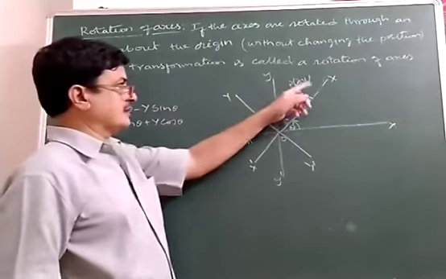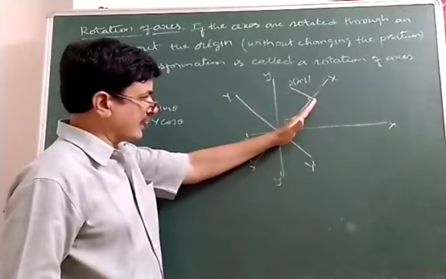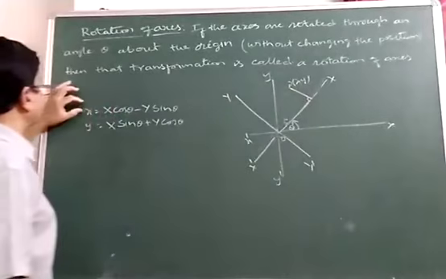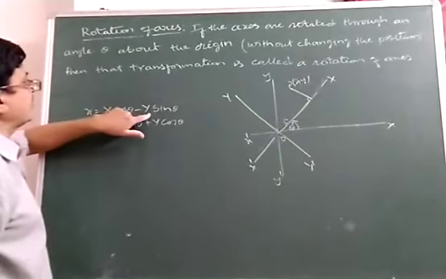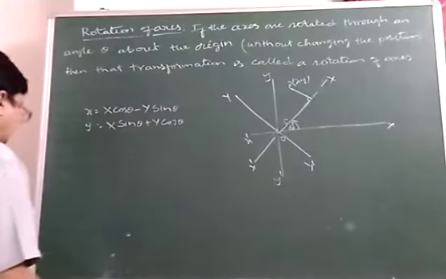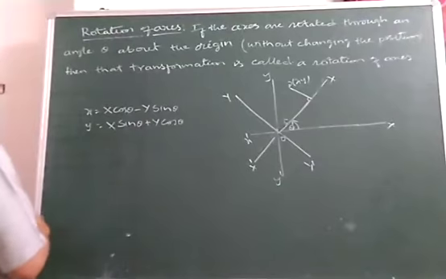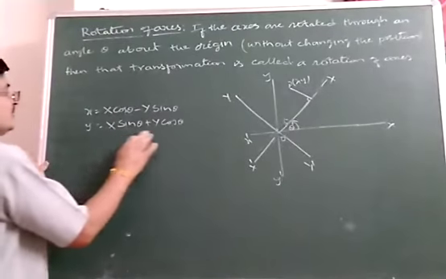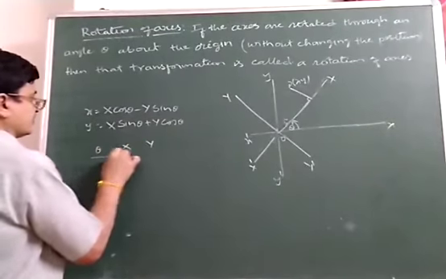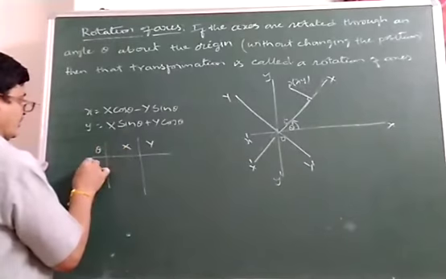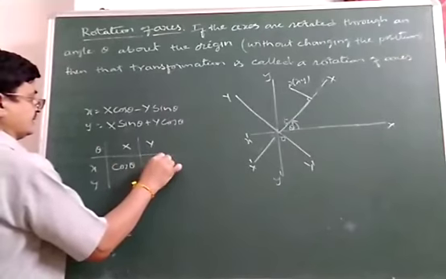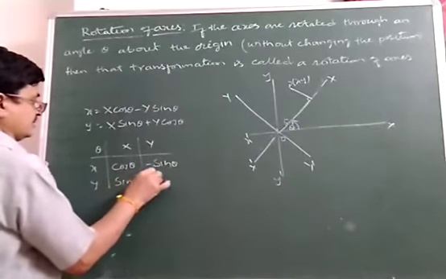When the axes are rotated through an angle theta about the origin, the coordinates of P change like this. This can be easily remembered by using the table with theta, capital X and capital Y, and small x, small y, with cos theta, minus sin theta, and sin theta, cos theta.